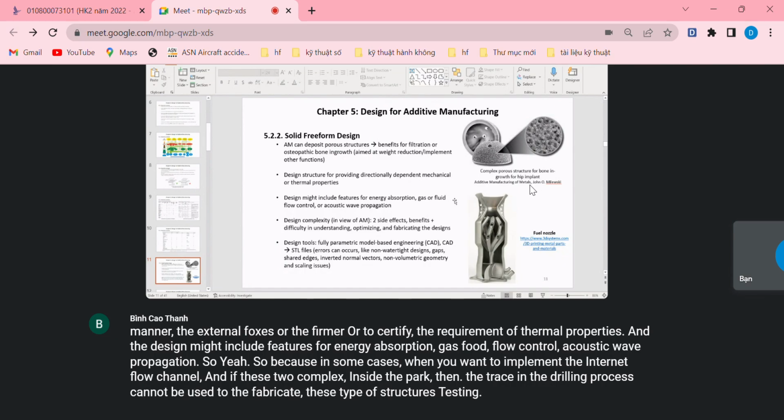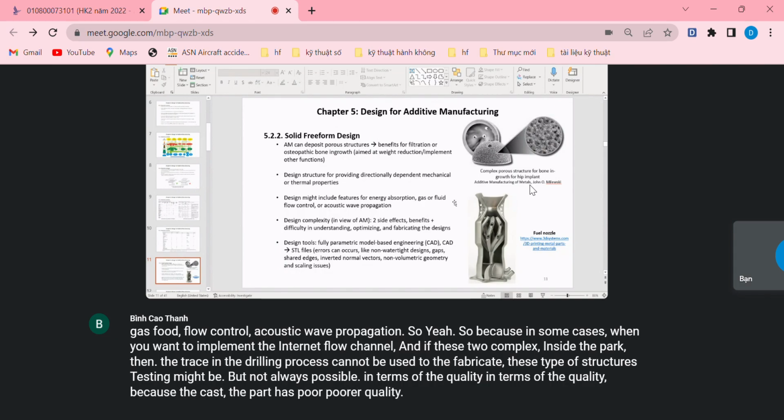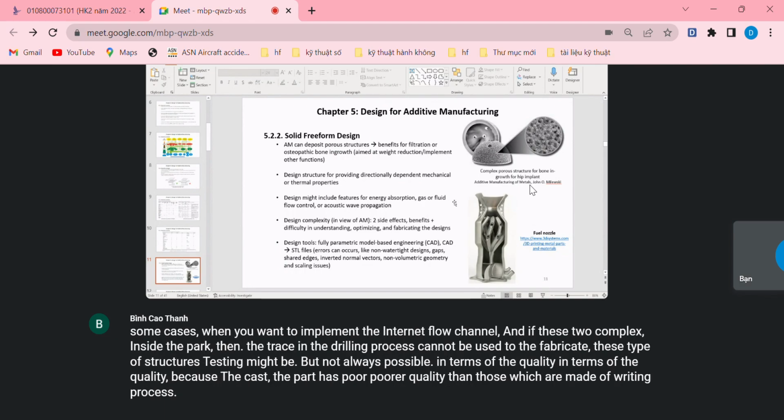Casting might be possible, but not always in terms of quality, because a cast part has poorer quality than those made by a traditional cutting process, or even additive manufacturing.